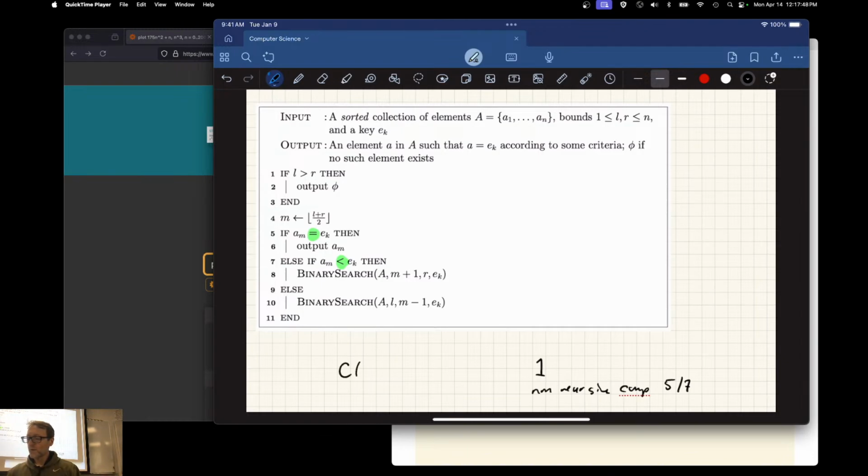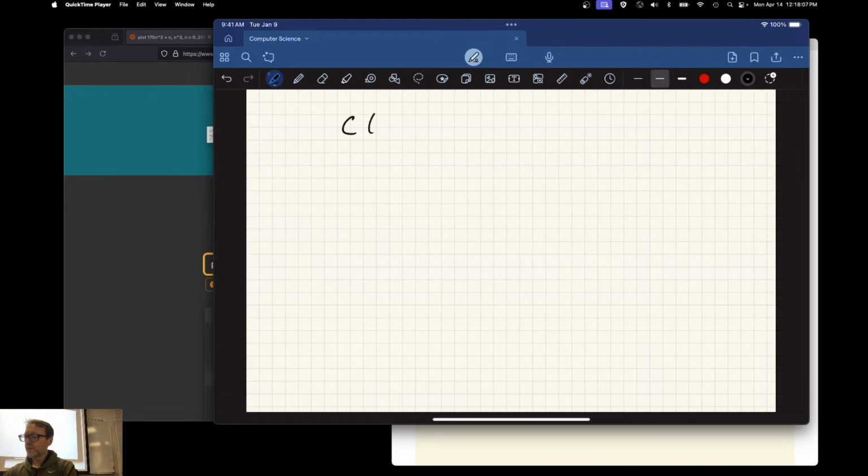All right, so setting up our recursion, how many recursive calls do you actually make? Remember, this is if, else. So do I actually make both of those recursive calls? Nope. I make one recursive call on an input half as big. And that's it. So C sub n is equal to C of n divided by 2 plus 1.